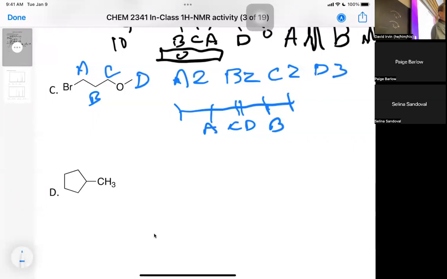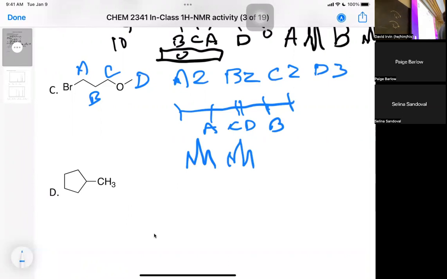Okay. So A is going to be our signal, and there are how many hydrogens on B? So 1 + 2 is equal to 3. So we're going to have a triplet. C has how many hydrogens nearby? Again, it only has B. So that's another triplet.